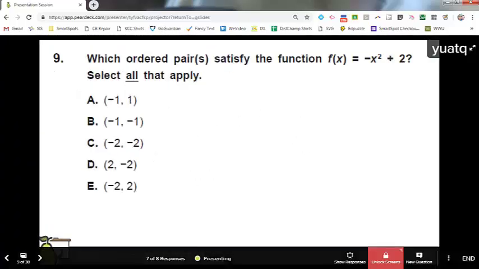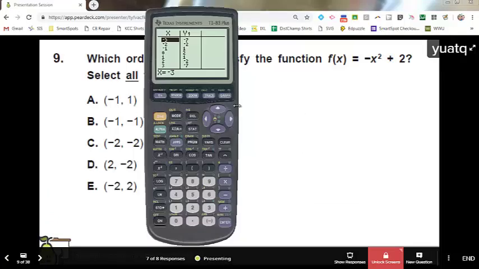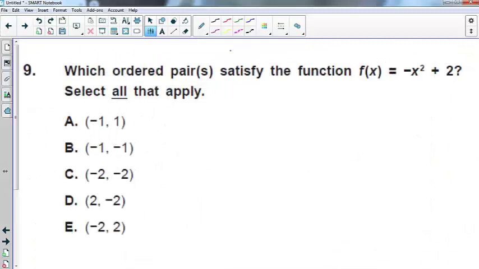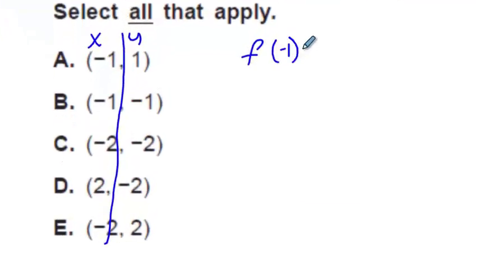So another way that you could have done that, if you don't remember how to get around in your calculator, anybody have another method? You can just plug them in. This is X, and this is Y, all the way through here. So if I plug in negative 1 for X, f of negative 1 is equal to negative 1 squared plus 2.